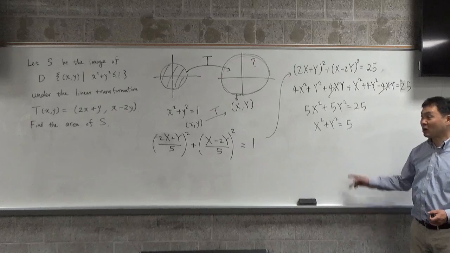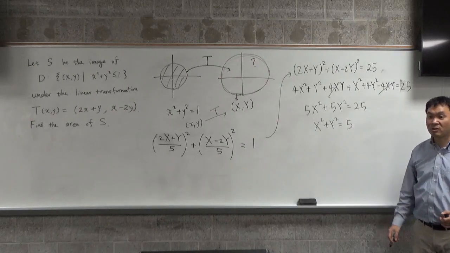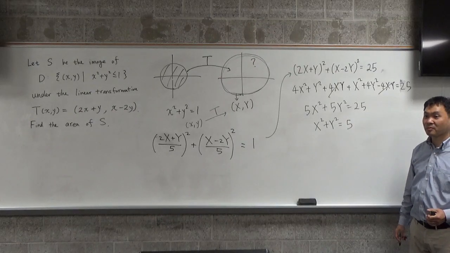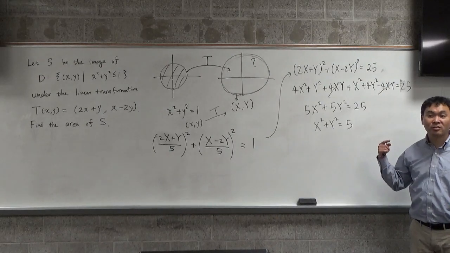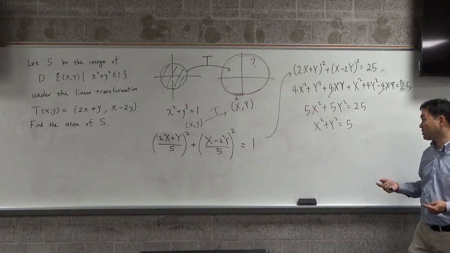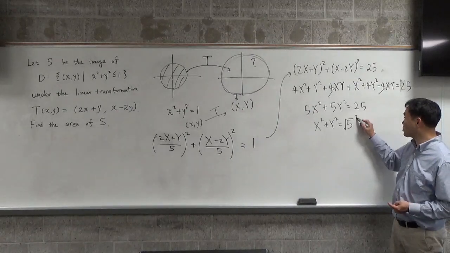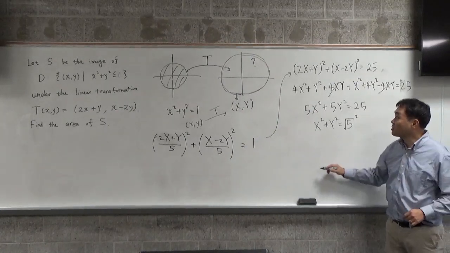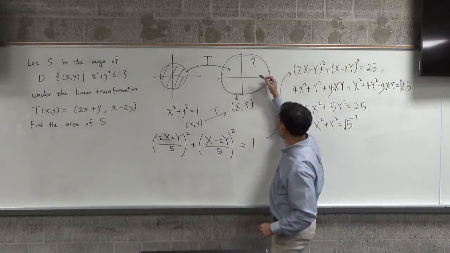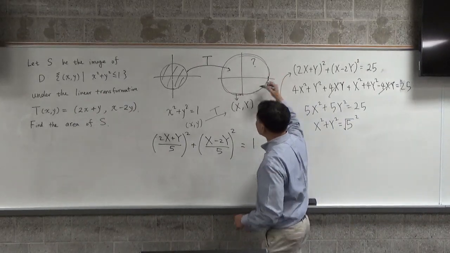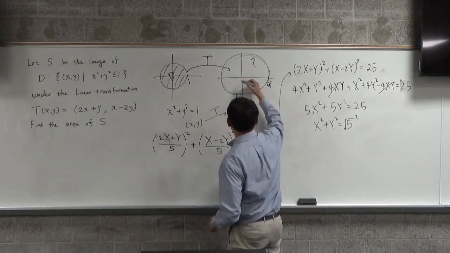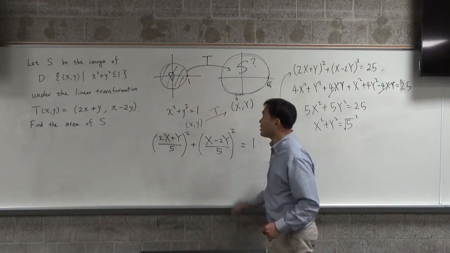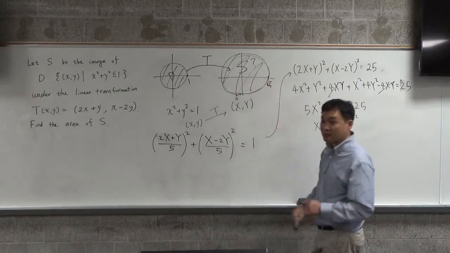What is the geometric object described by this equation? It's a circle of radius square root of 5, right? Square root of 5 squared. Okay? So we know that this mysterious thing was really a circle. So here, the original domain D had radius 1, and this new S has radius square root of 5.